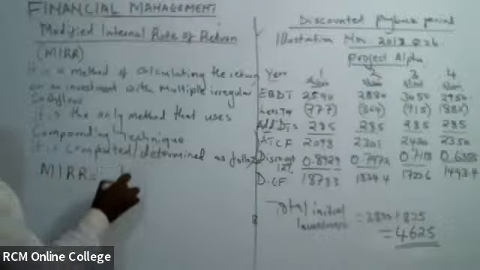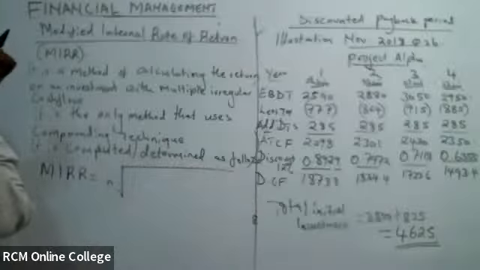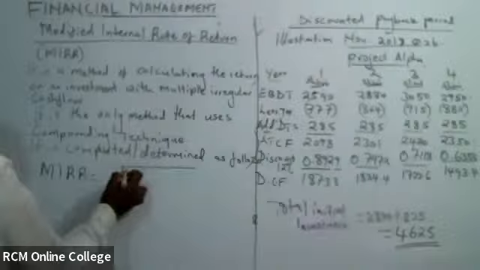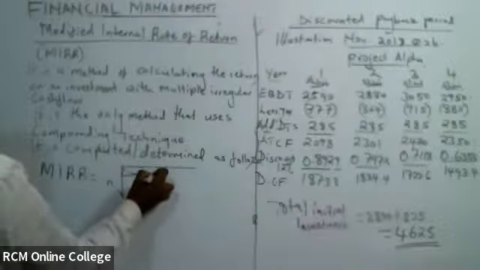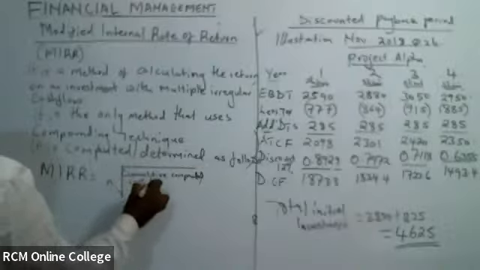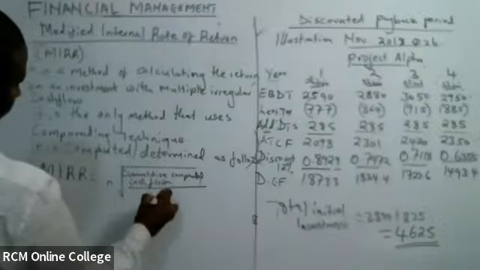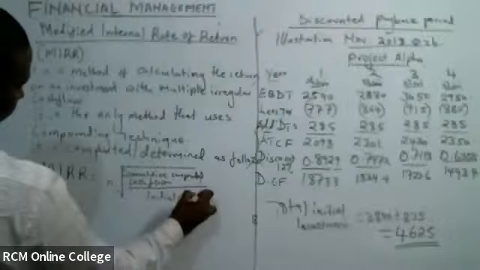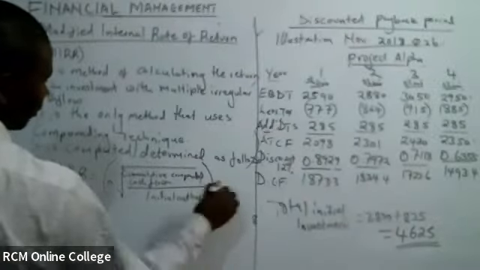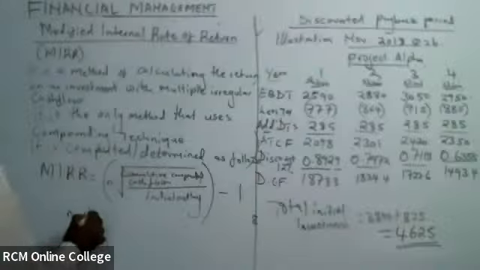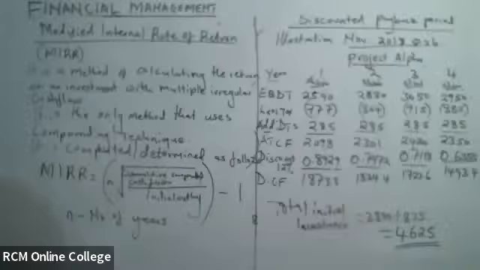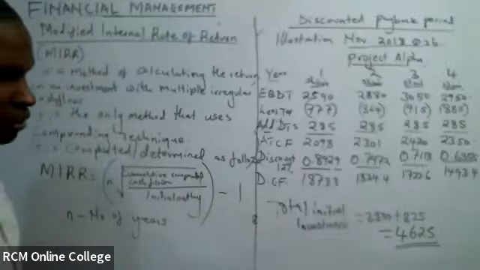It is given by the nth root of the cumulative compounded cash flow divided by the initial outlay, the whole of that minus 1, where n is the number of years.